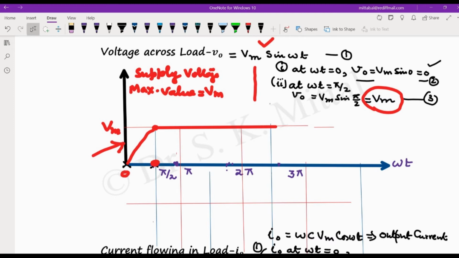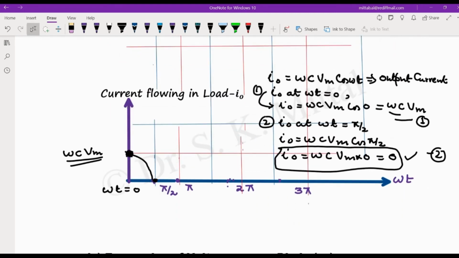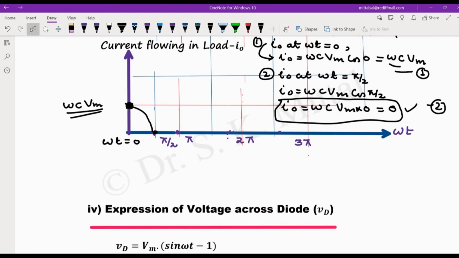It is also Vm. Therefore the potential difference between the supply and load is 0. So at omega t is equal to pi by 2, the potential difference between supply and load becomes 0, and therefore the current is also 0.